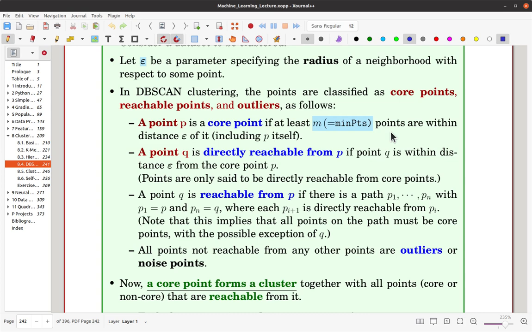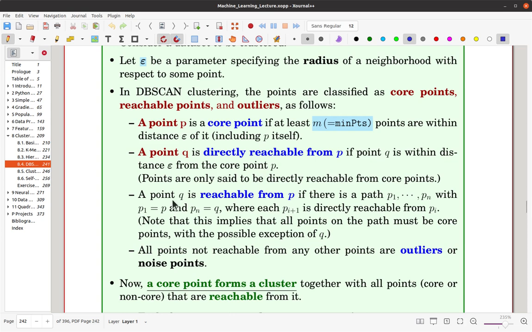We'll see it soon in a picture, and I'll try to explain it. Point Q is directly reachable from P if point Q is within distance epsilon from a core point P. So the directly reachable point must be reachable from a core point.